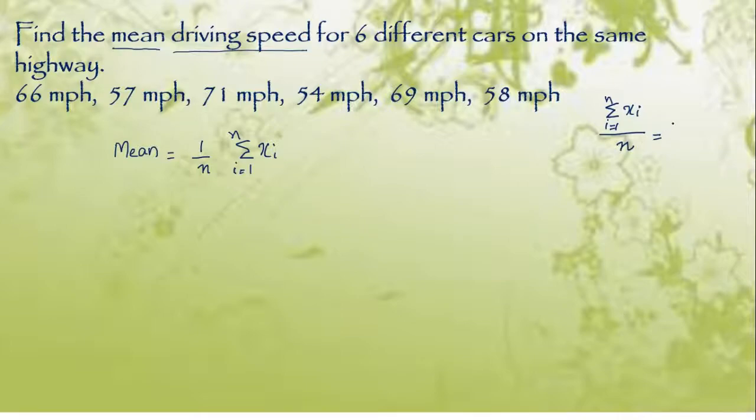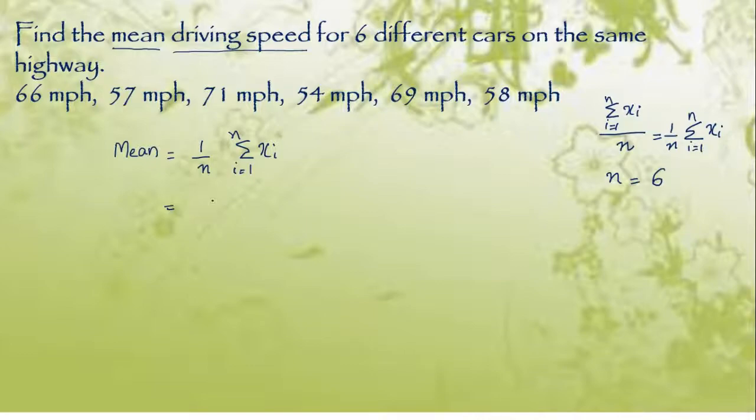It is the same as 1 by n sigma i from 1 to n xi. Here in this question, what is n? n means 1, 2, 3, 4, 5, 6. We are considering the speed of 6 cars. So n is equal to 6 and all these are our xi's: x1, x2, x3, x4, x5 and x6.